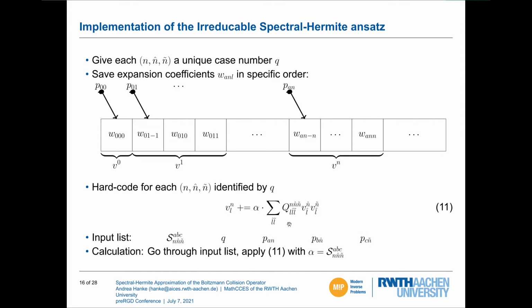And then in the calculation of our C++ code, you just go through each line of this input list, apply equation 11, given with the pointers p, a, b, and c, and we of course now set our placeholder alpha to the corresponding s coefficient.